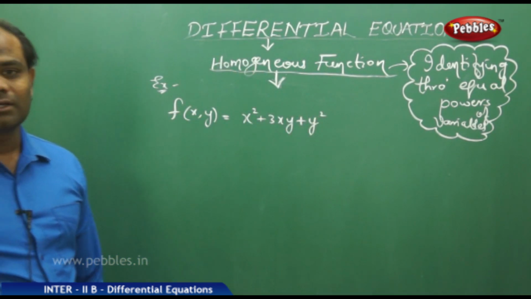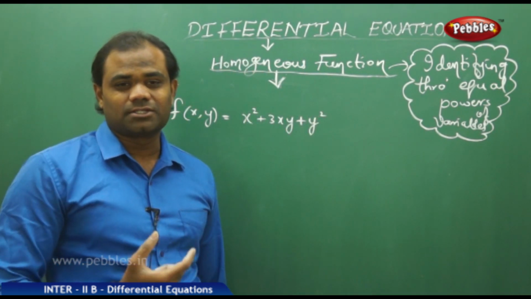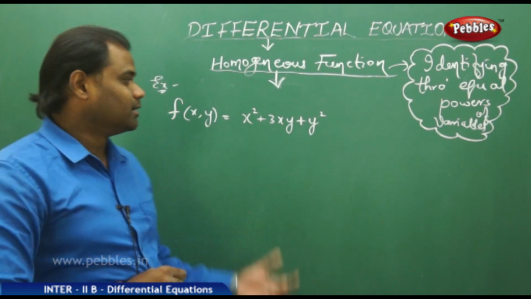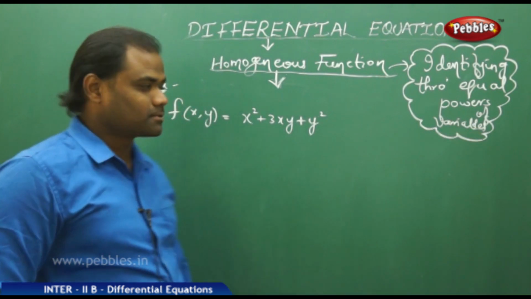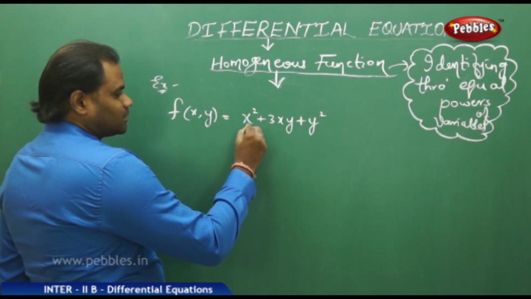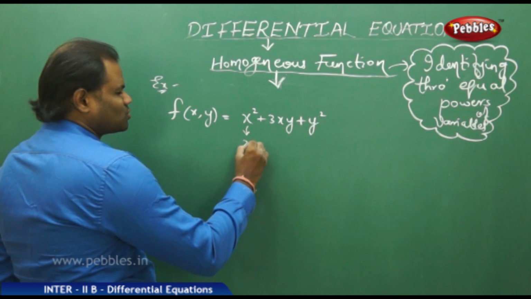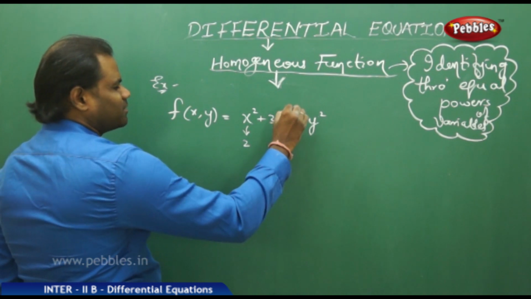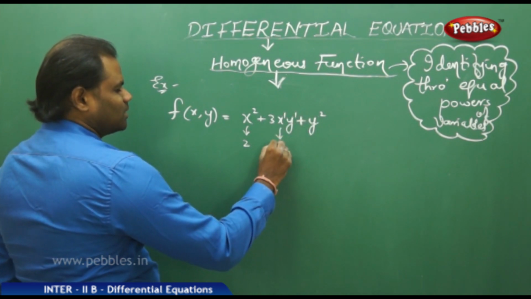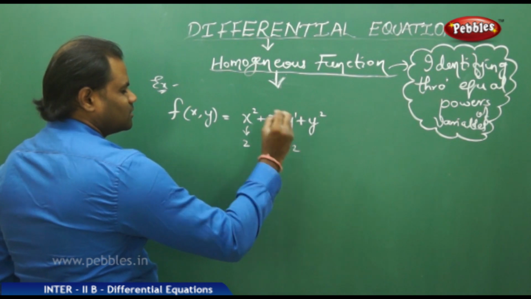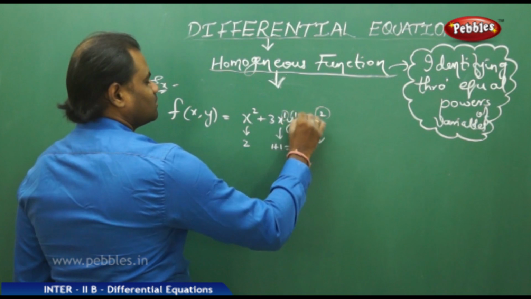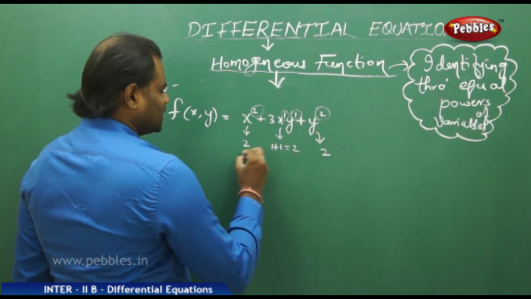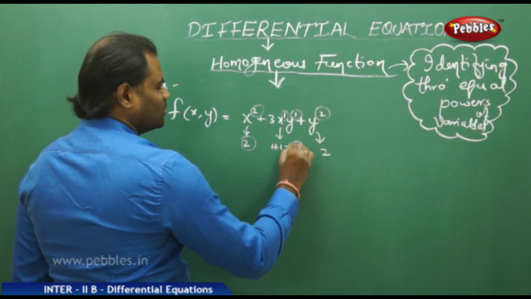Then clearly, instead of calculating this through f of kx and ky, I can directly test for homogeneity through equal powers of variables. The highest power of this variable is 2, and for this term the powers are 1 and 1, that is 1 plus 1, which is again 2, and the highest power of this is also 2. I see that all are equal.